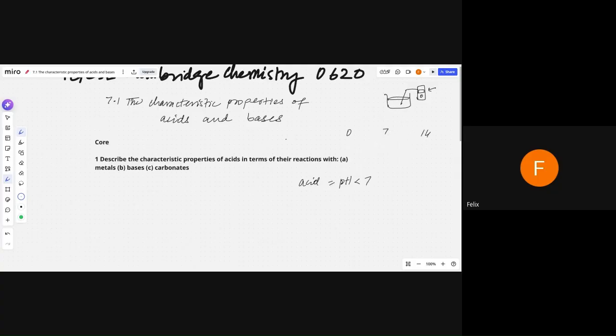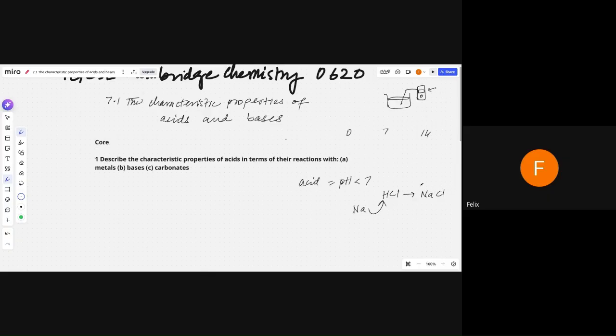And then what is a salt, right? A salt is a compound formed when metal ions replace the hydrogen ions. For example, HCl is an acid, right? So a metal, let's say sodium, when it replaces hydrogen, it's going to change into NaCl, right? So what is a salt?